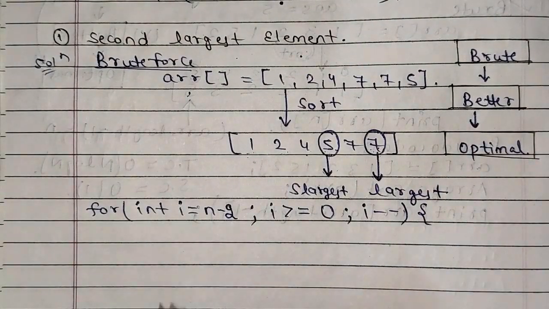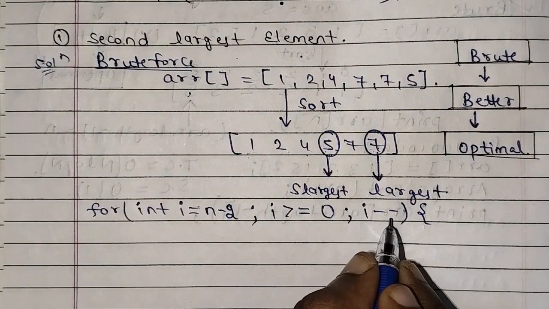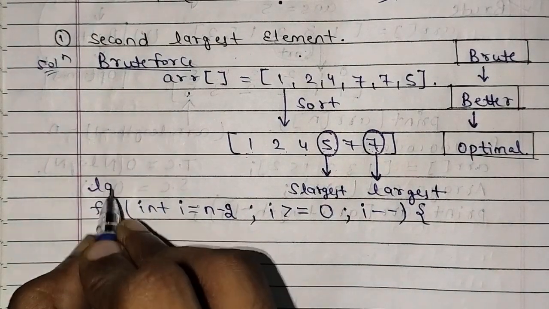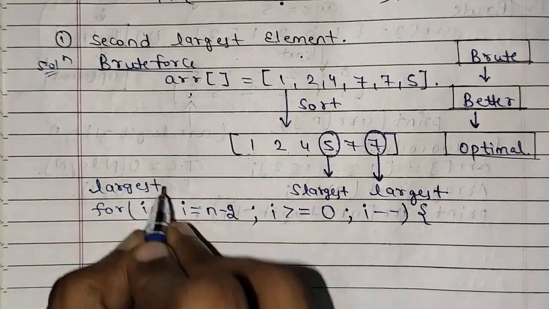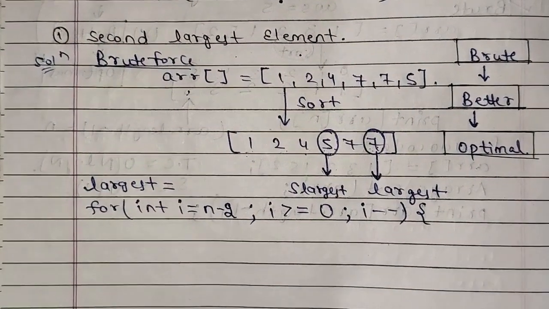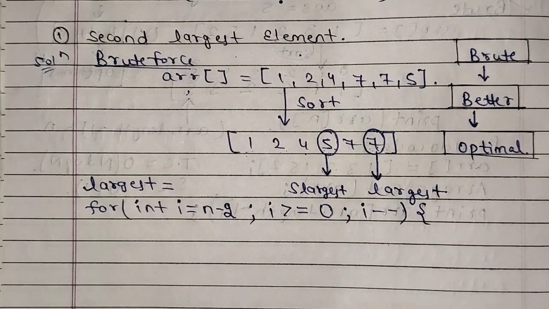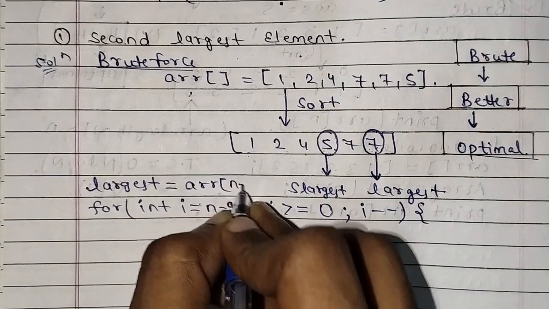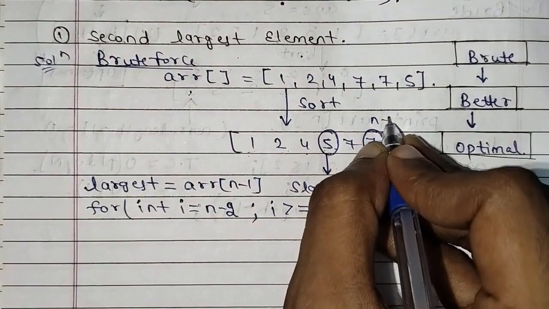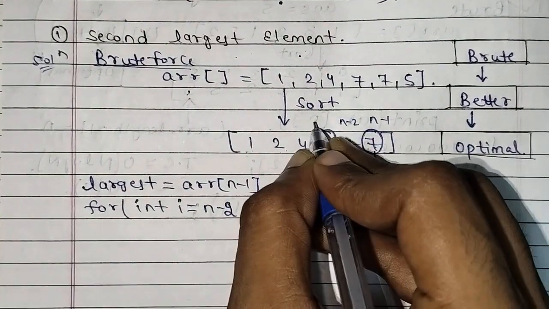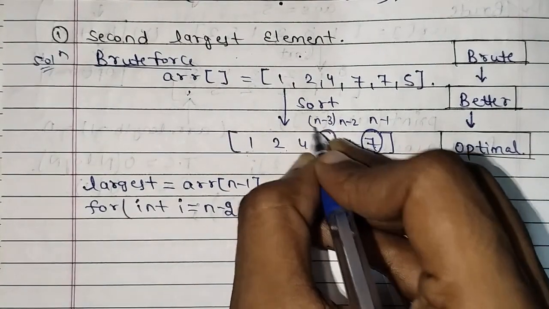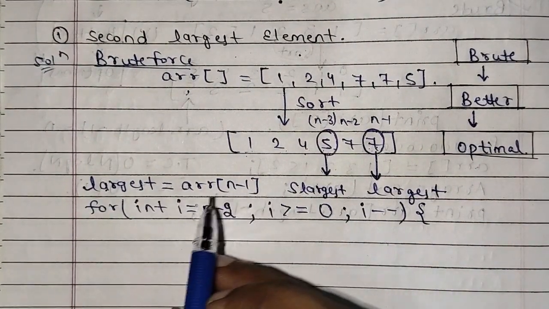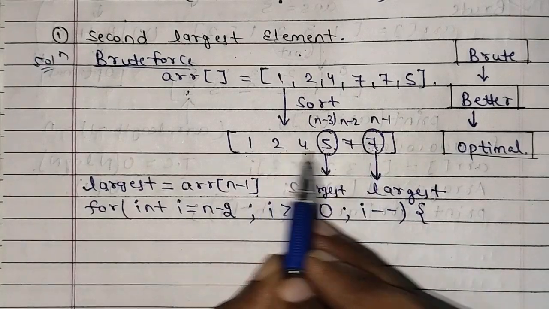Before iterating this loop, we have to declare the largest element. How do we find the largest element? After sorting, arr of n minus 1 is this index, n minus 2 is this index, and n minus 3 is this index. The largest element is always at the last index of the sorted array.